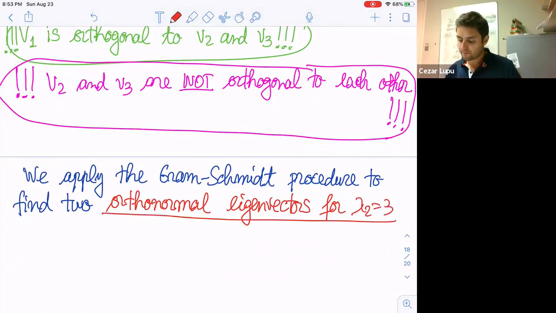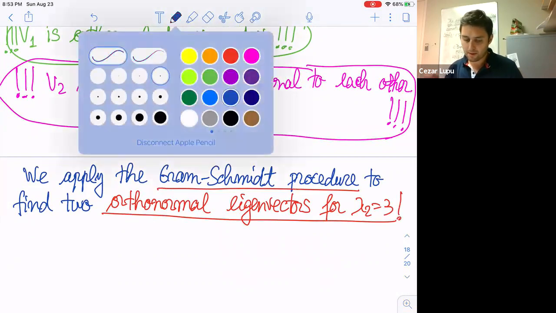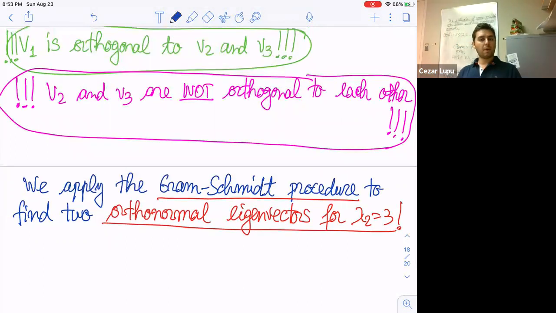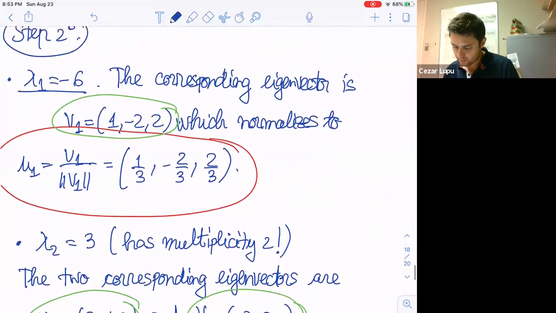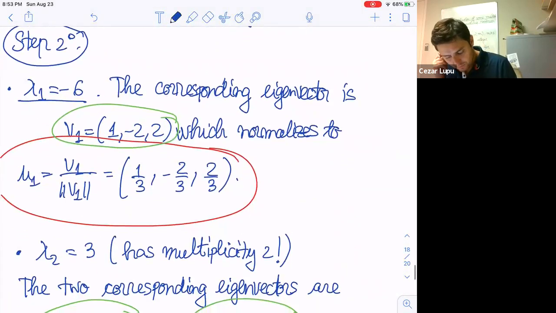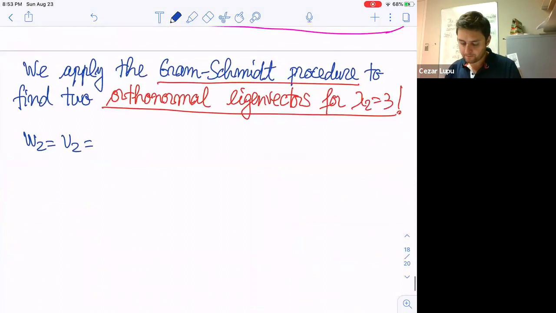Let's apply the Gram-Schmidt. So we look at vectors V2 and V3 because they're not orthogonal to each other. We're going to start with W2 is V2, which is 2, 1, 0.